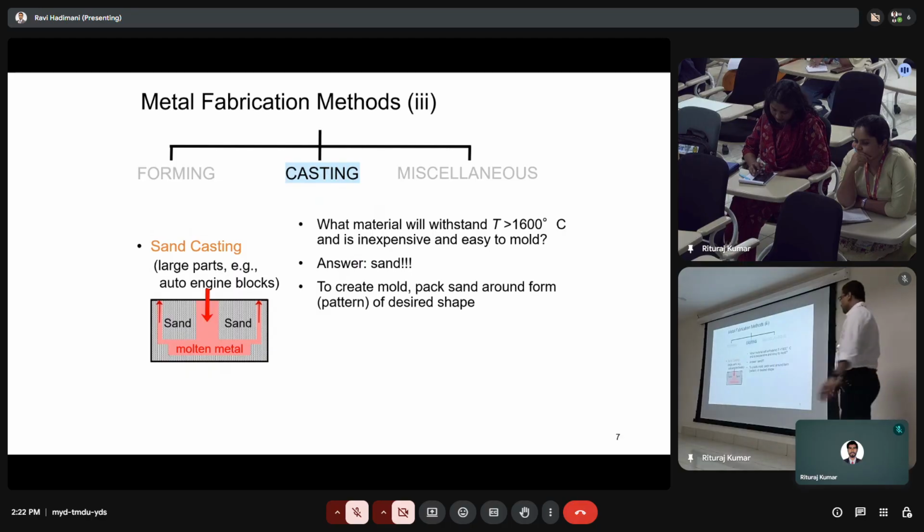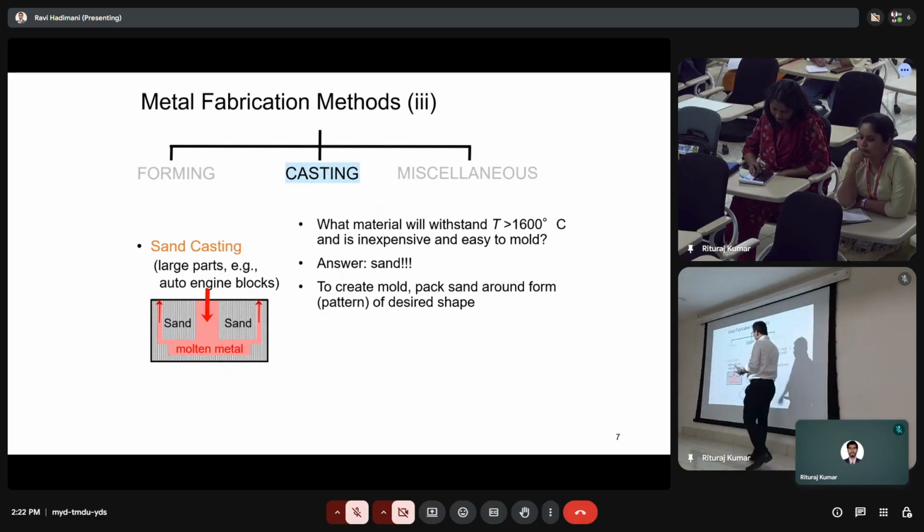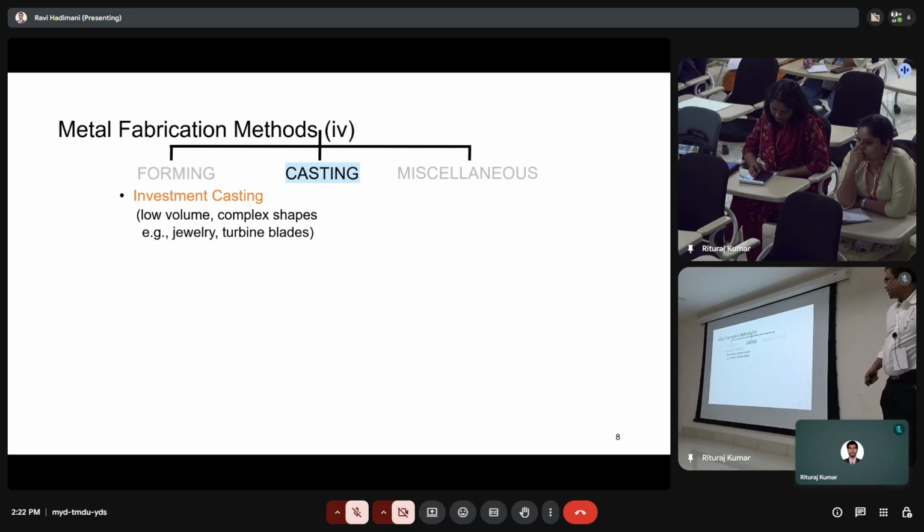Okay, so there is sand casting, which is quite widely used. With sand casting, you can cast large parts, and you can cast materials that have a high melting temperature, higher than 1600 degrees centigrade. So this is another way.